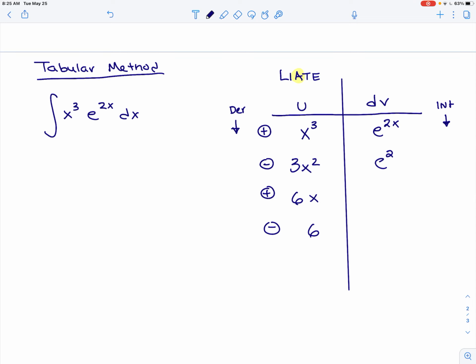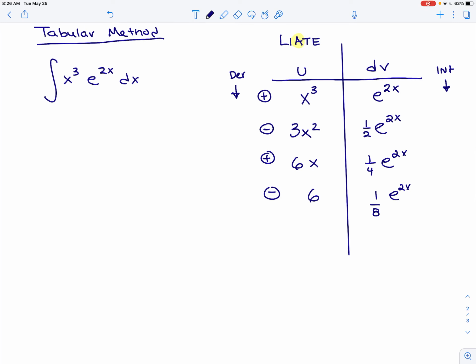So you get e to the 2x over 2, so I'll make that 1/2. And then e to the 2x over 4. So I'm integrating this. And then e to the 2x over 8. And then you're going to go one more time, e to the 2x over 16.